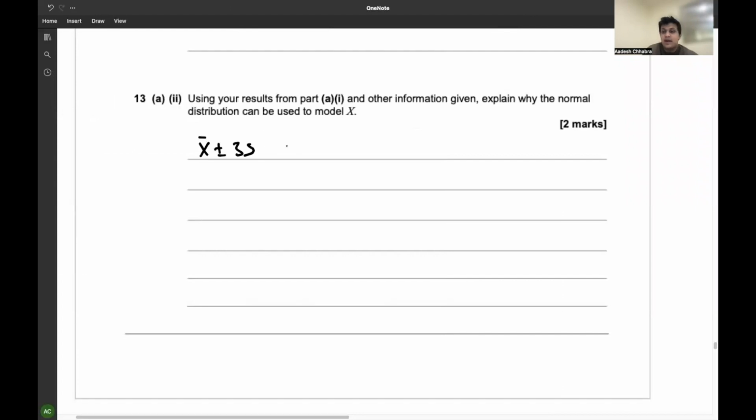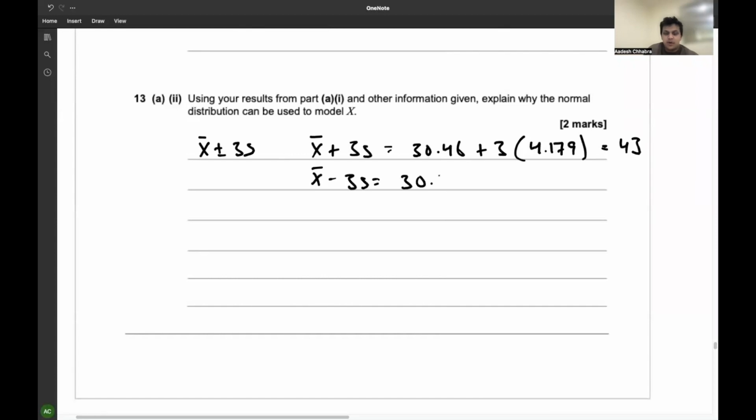So if you calculate what these are, X bar plus 3S would be equal to 30.46 plus 3 times 4.179, which is around 43. And then X bar minus 3S would be equal to 30.46 minus 3 times 4.179, which is roughly around 18.